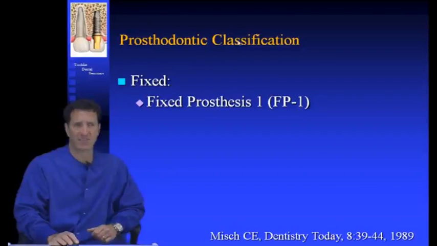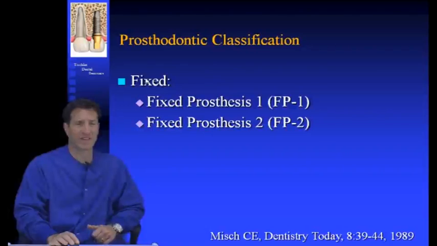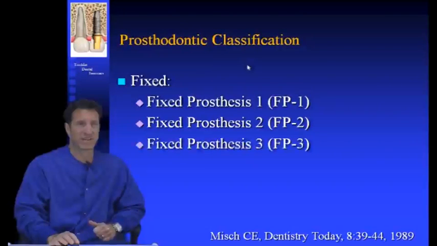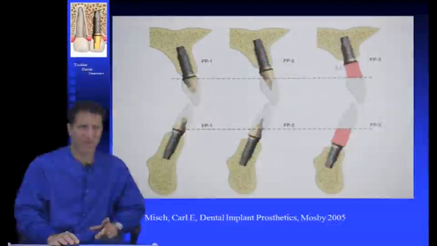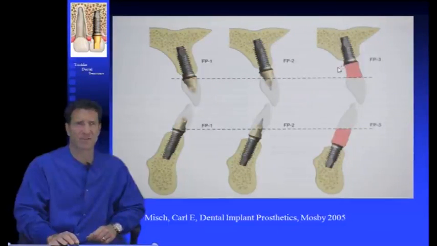When you have an FP3 situation, the bone is lost from a standpoint of height. And now look at the implant to crown ratio. It's so much greater. And not only do you have an implant to crown ratio issue, you also have now pink porcelain, and you have an aesthetic issue. So this is all part of treatment planning. So here's an FP1 with an ideal situation. Here's an FP3.